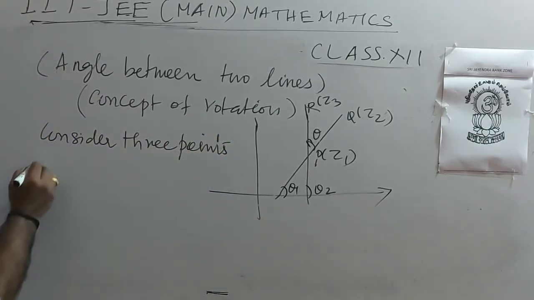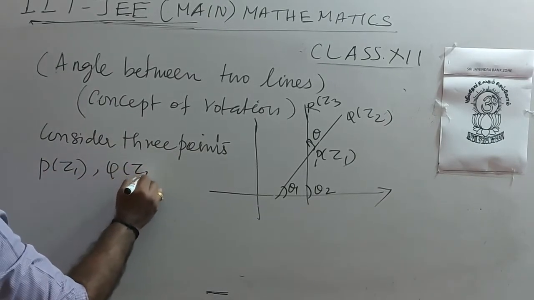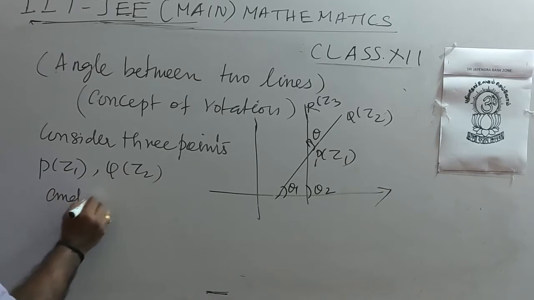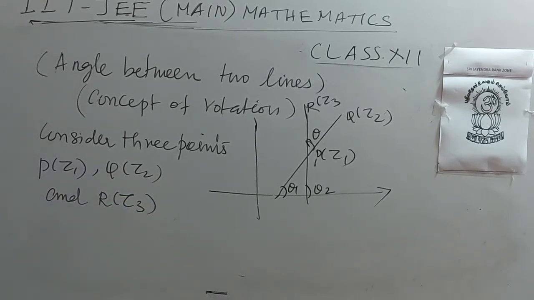Consider 3 points: P of Z1, Q of Z2, and R of Z3.